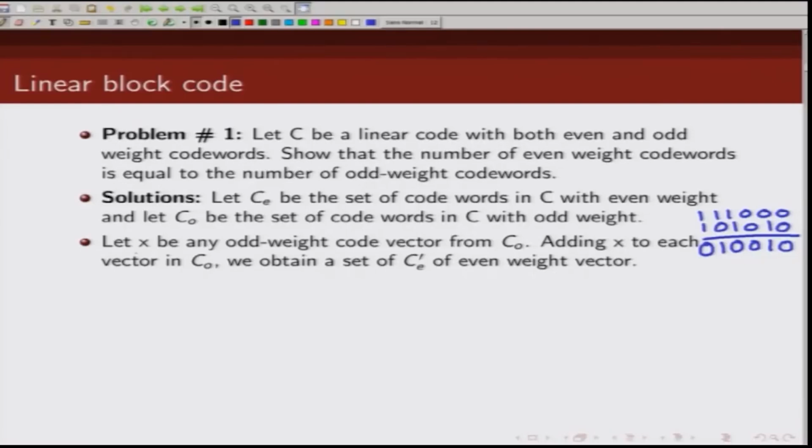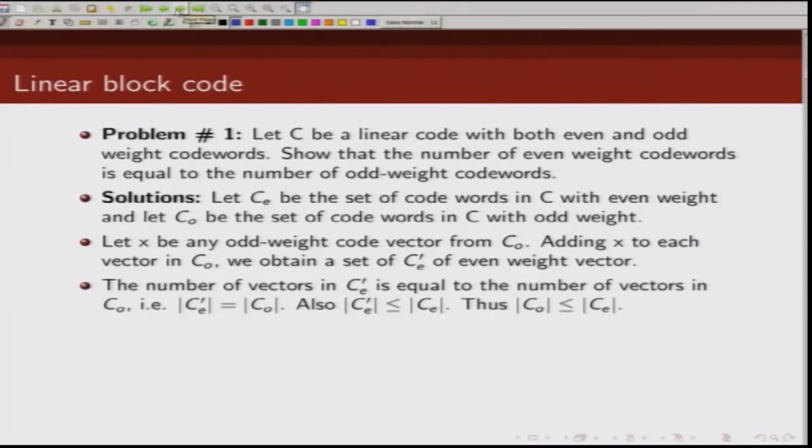So when I add X, which is an odd weight code vector, to each of the elements in this set C O, what I get is a set of even weight code vectors, and let us denote that set by C E prime. Now the number of code vectors in C E prime is going to be equal to the number of vectors in C O. Why?